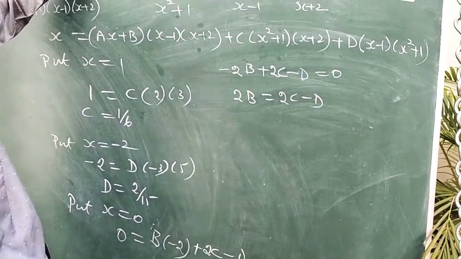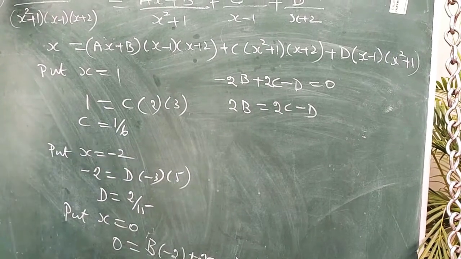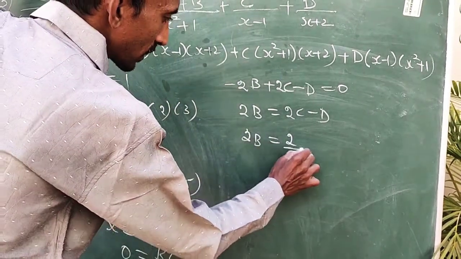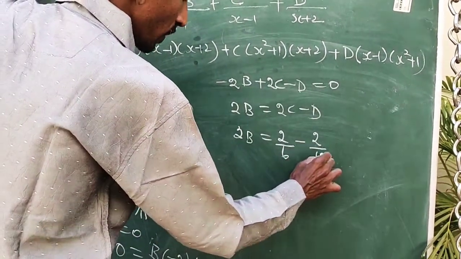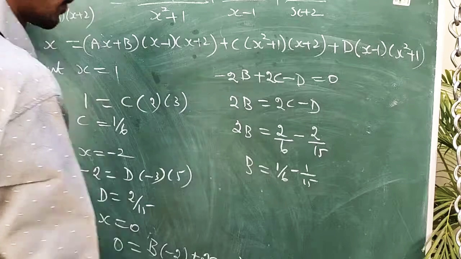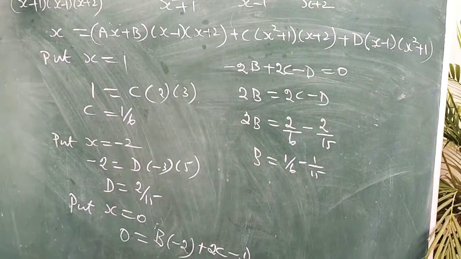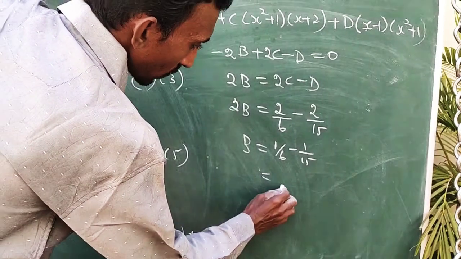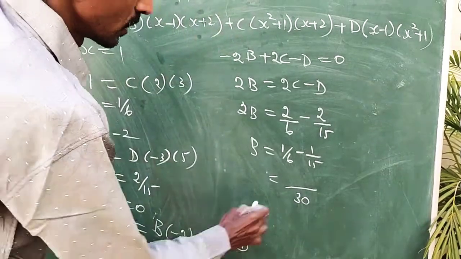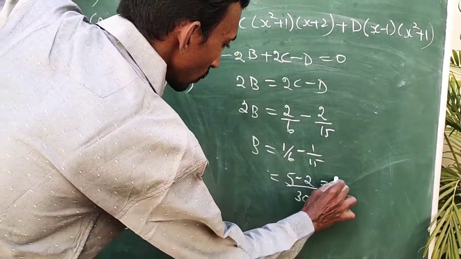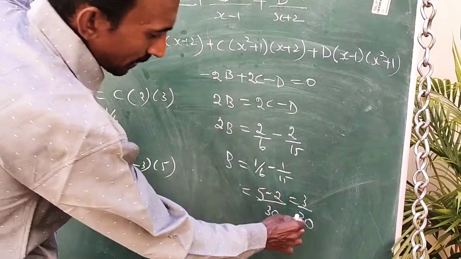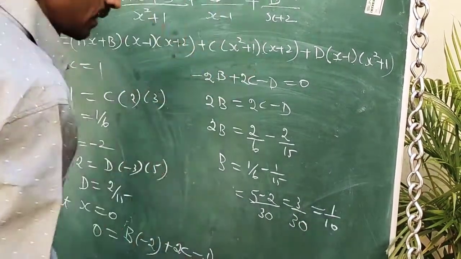Already we have c and d, so 2b equal to 2 by 6 minus 2 by 15, so 2 is common, we can leave, so 1 by 6 minus 1 by 15, here we can take the LCM as 30, so 5 minus 2, so 3 by 30, cancel by 3, we are getting 1 by 10.